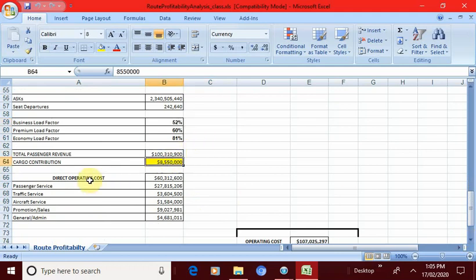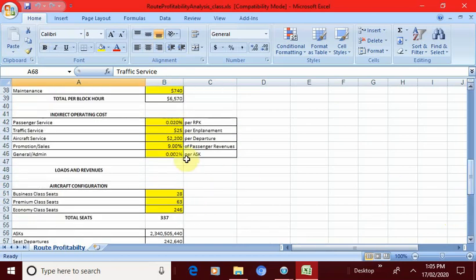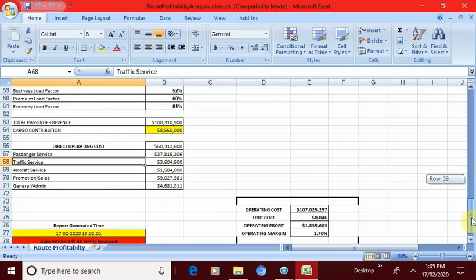In the end we got this particular direct operating cost. These are the indirect operating cost, passenger service fare, which we input above. These figures were input by us, and these were the results of this input. And then we get operating cost, unit cost, operating profit, and operating margin.